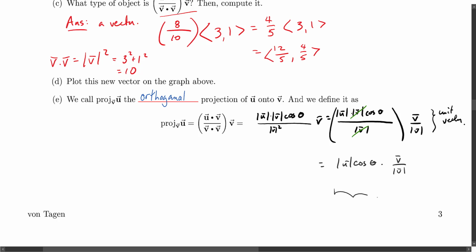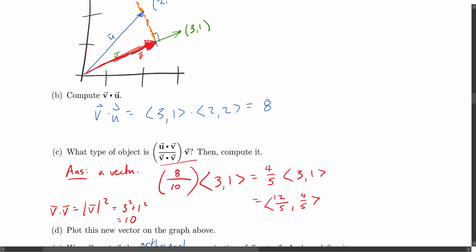And this is maybe a more intuitive way of arriving at the orthogonal projection. I think the earlier way is easier for calculation, especially if you're just given the component vectors, but this is maybe more intuitive for what we mean by the orthogonal projection of u onto the vector v.